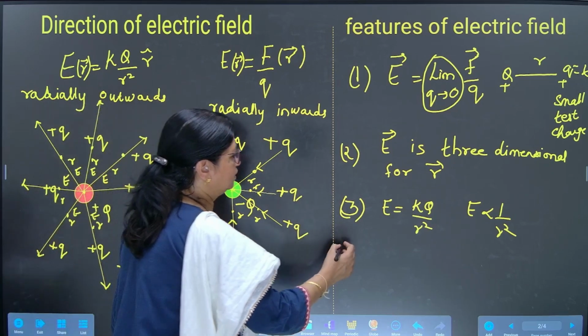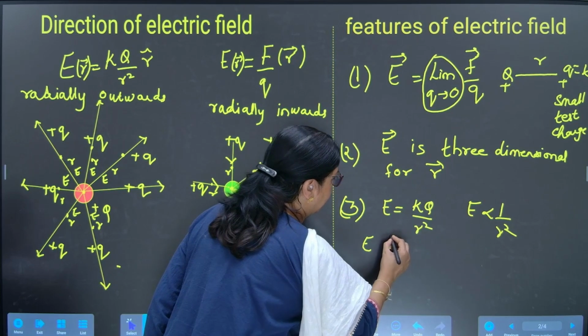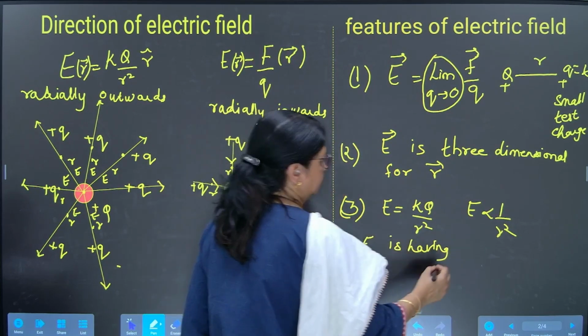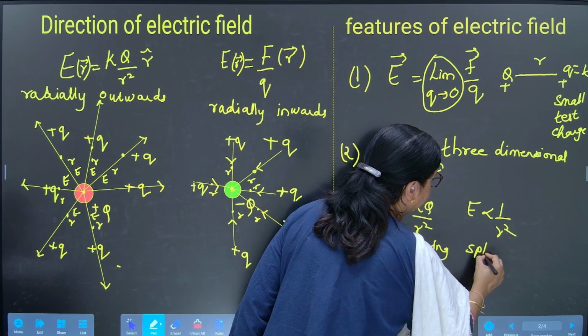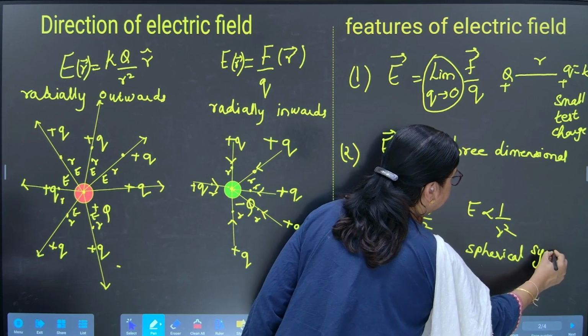So what does this tell you? That the magnitude of the electric field has spherical symmetry.